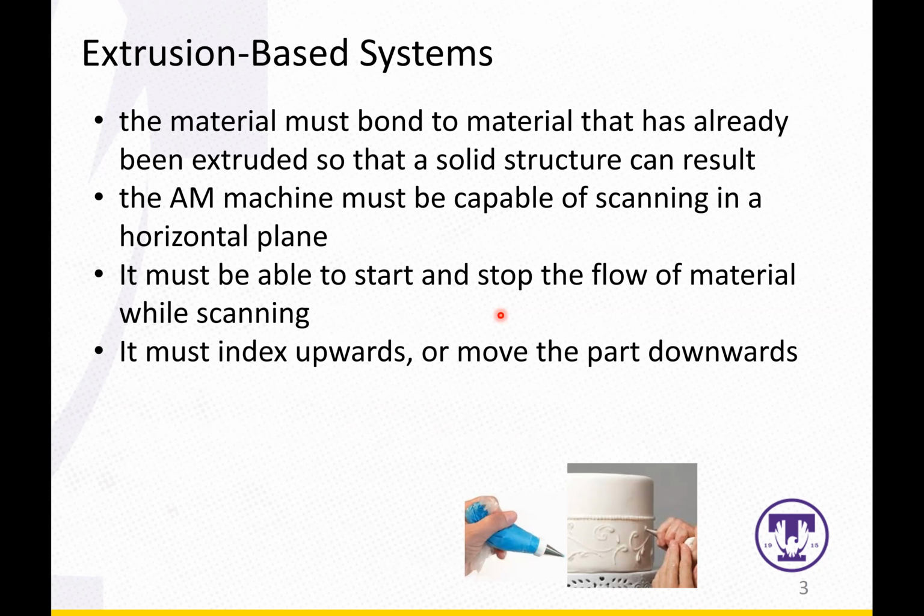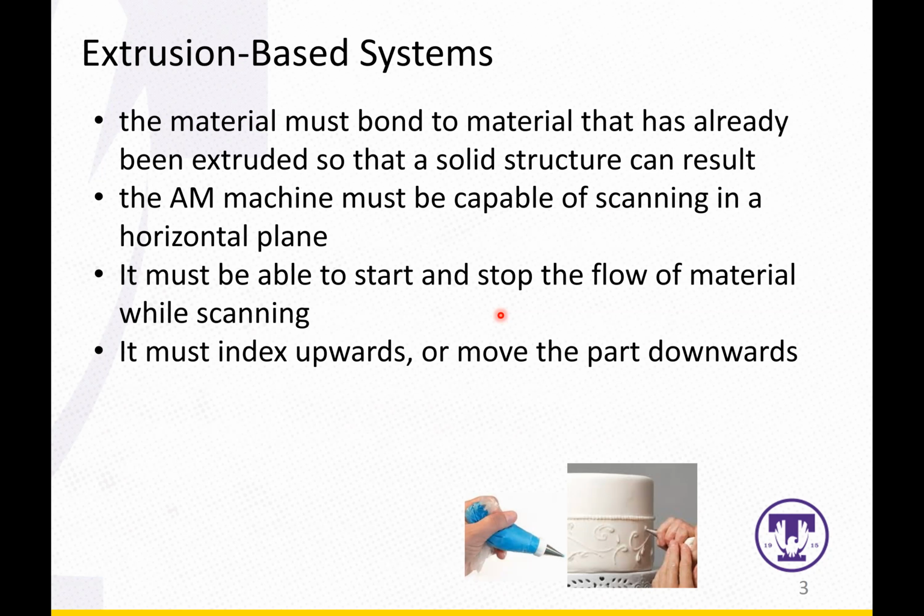That means each 3D object will be sliced into 2D layers, and then the mechanism of the additive manufacturing machine must have the capability to move in the horizontal plane in certain tool paths. And that is what we discussed in the previous lectures, right?